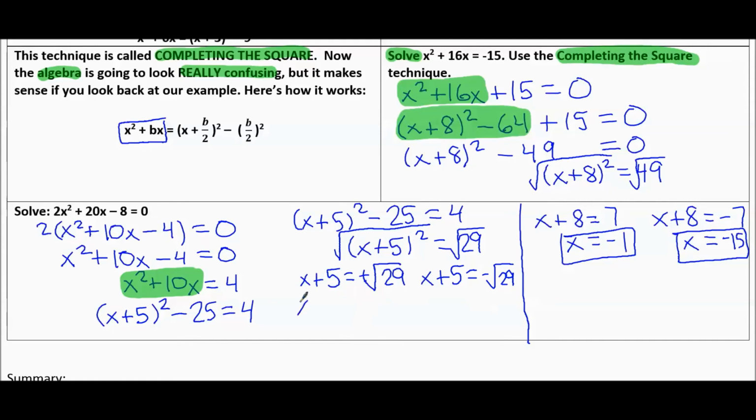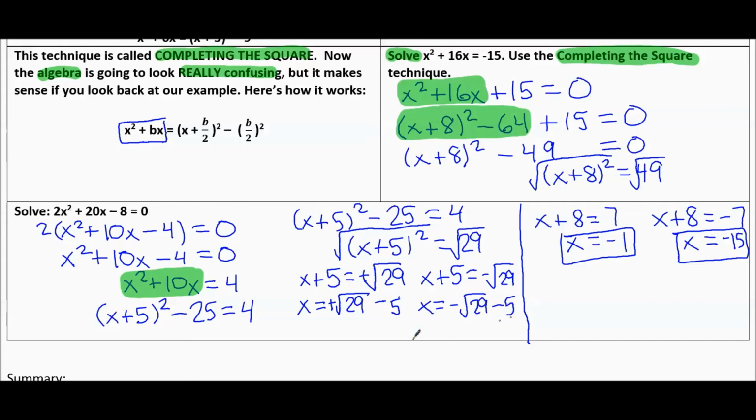So this is going to be x equals the square root of 29, whatever that value is. I should say positive square root of 29 minus 5. And x equals negative square root of 29 minus 5.